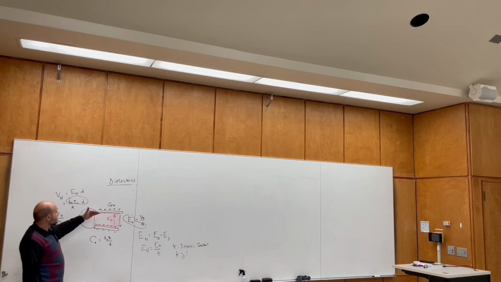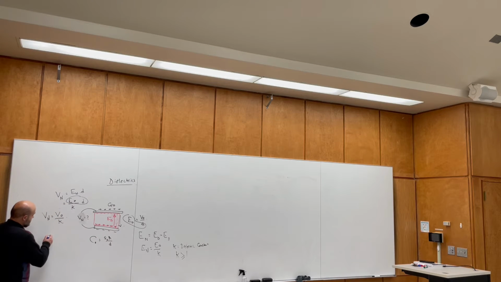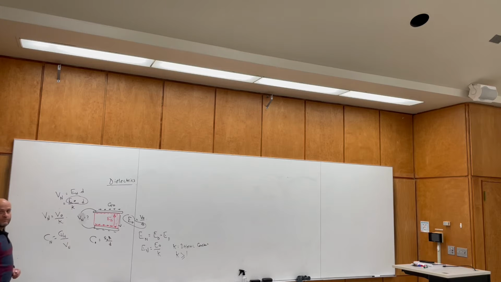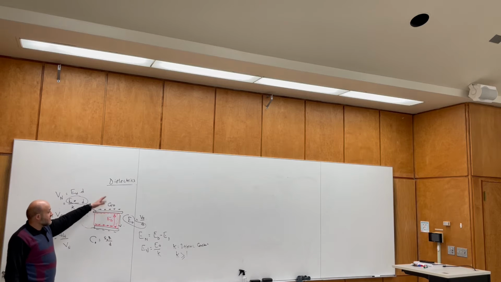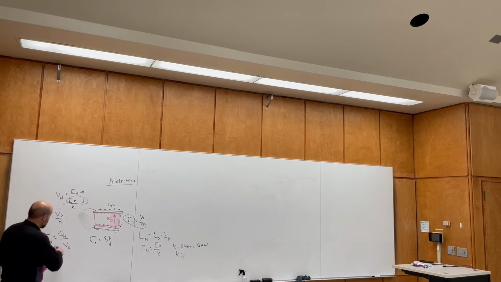Now what about C, the capacitance? Remember the capacitance C is Q over V. So the new C is the new Q over V. But because the battery is not connected, this Q stays the same. Remember we said that when the battery is disconnected, the Q stays the same.